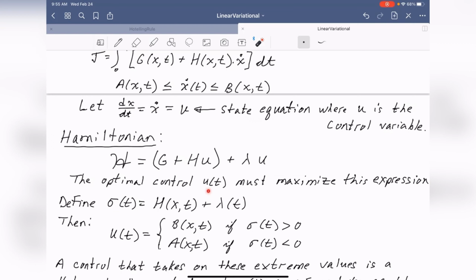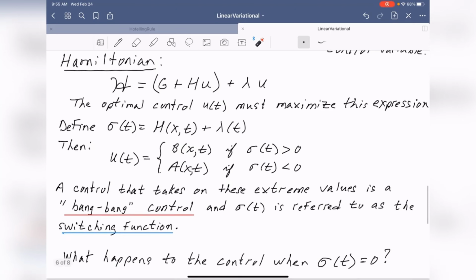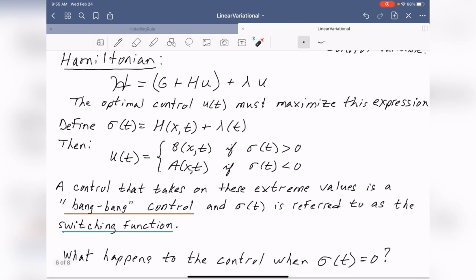The optimal control, u of t, must maximize this expression. So we define sigma t as being h x of t plus lambda t, and that allows us to rewrite this Hamiltonian as g plus h plus lambda, all multiplied by u.